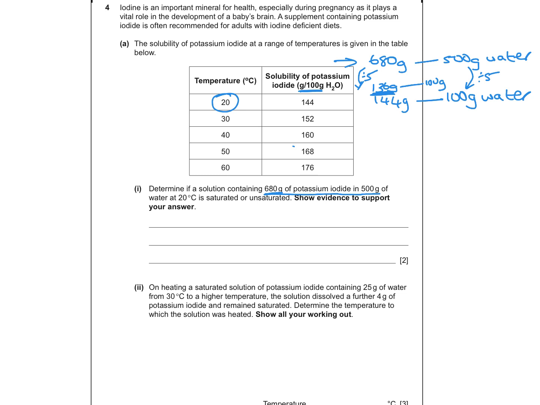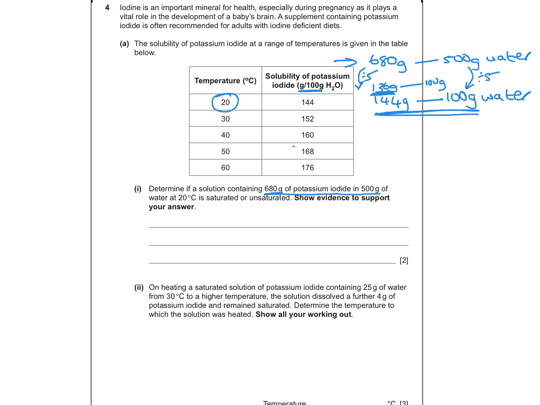Now from the table, we need to have 144 grams per 100 grams of water to make the solution saturated. So at 20 degrees C, it's possible to dissolve a maximum of 144 grams of potassium iodide to make the solution saturated.